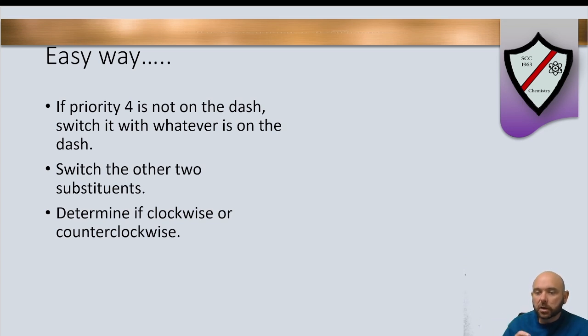If the priority number 4, usually a hydrogen, is not on the dash, switch it with whatever is on the dash. And then switch the other 2 substituents as well. You have to switch whatever is left over. And then you can determine if it's clockwise or counterclockwise. That's all you have to do to determine whether the R or S configuration is present at a chiral center in a molecule. Of course, we'll look at some examples on the next couple of slides.